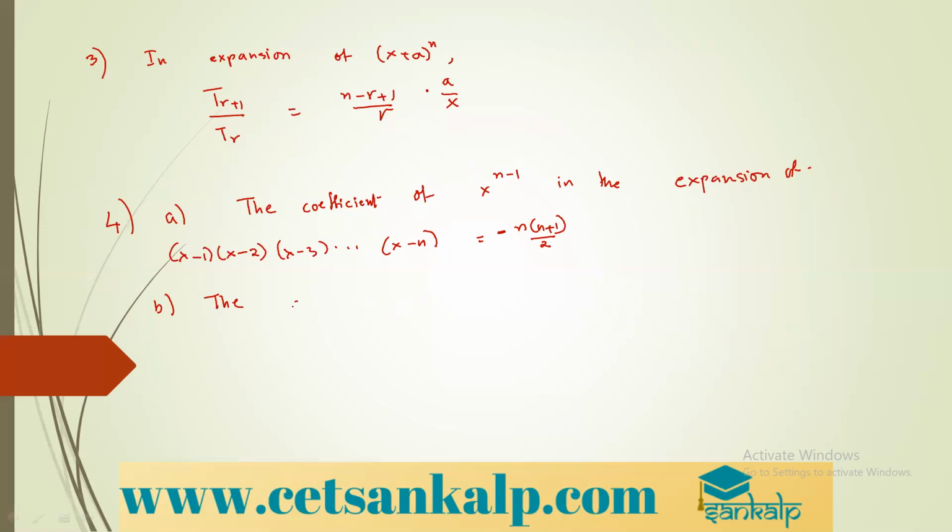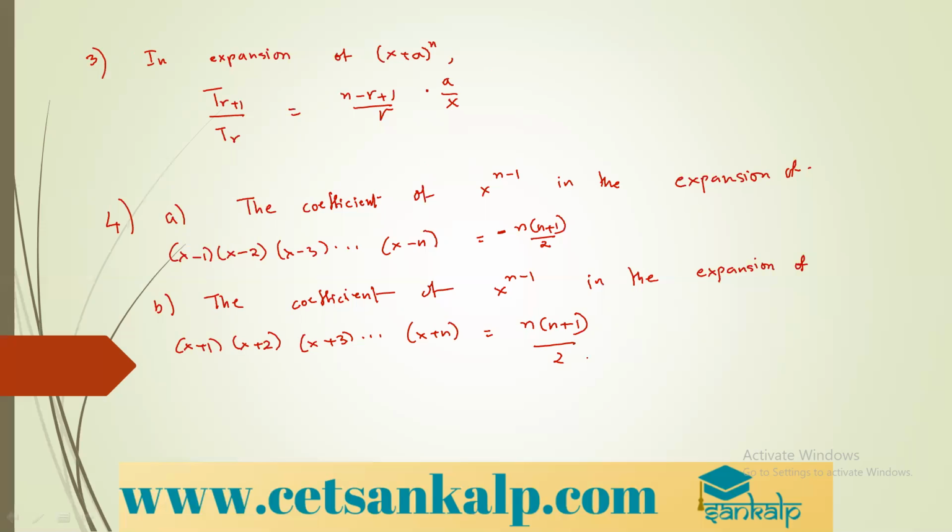Similarly, if you take the coefficient of x^(n-1) in the expansion of (x + 1)(x + 2)(x + 3) up to (x + n), it won't be negative, it will be just positive n(n + 1)/2.